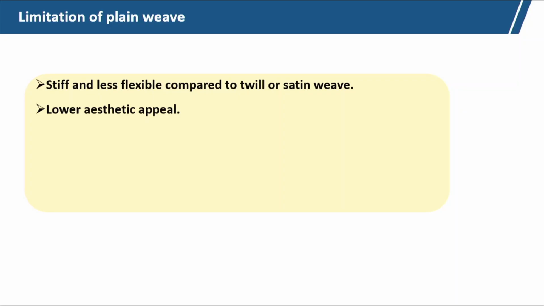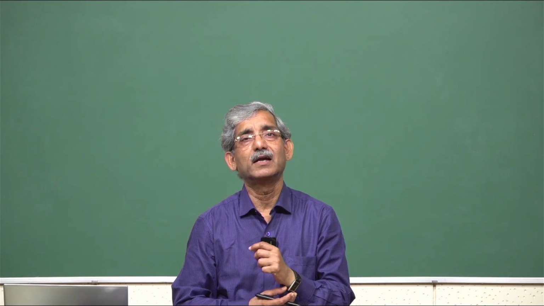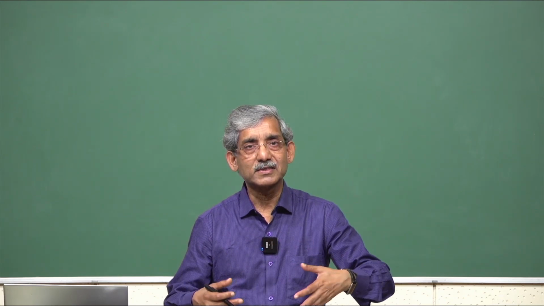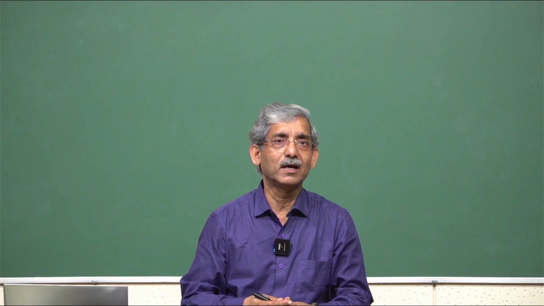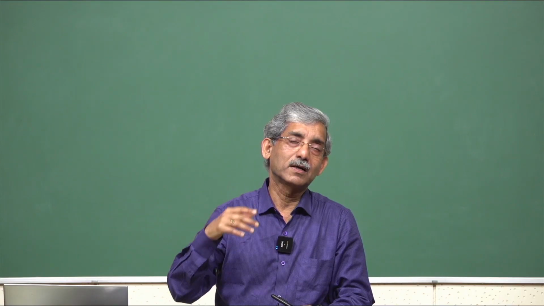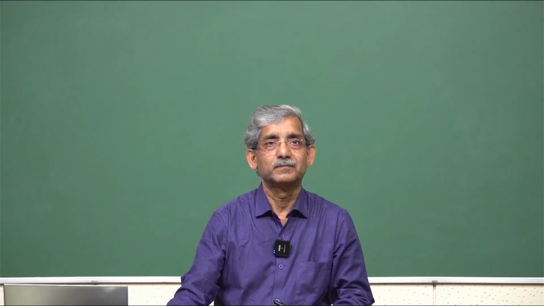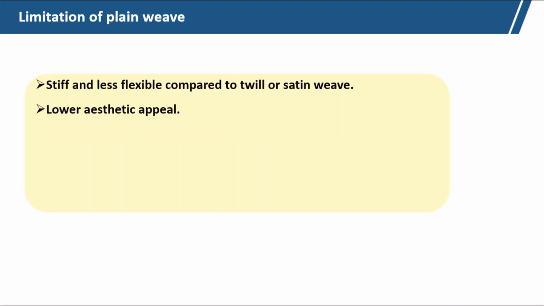It does not create any special design on the fabric, because it is a monotonous weave, unlike satin and twill that give some aesthetic appeal. Satin fabric gives a lustre because of the high float in one plane, but that does not appear in case of the plain weave. Twill weave gives certain specialized diagonal lines which give some aesthetic appeal, but here aesthetic appeal is low.